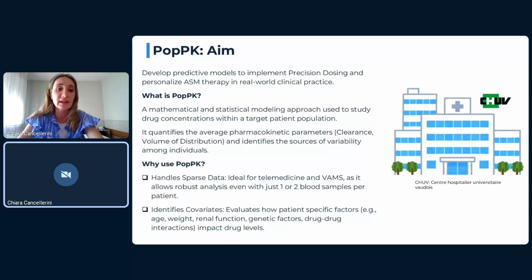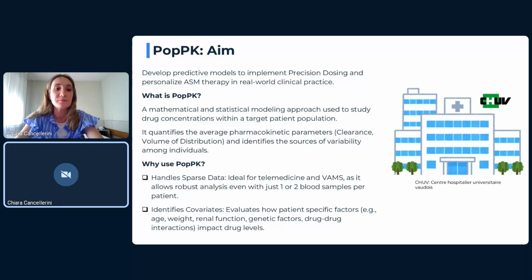So POP-PK can help us design a model with sparse data and build a predictive model using just 1 or 2 VAMS samples per patient. Using POP-PK, we can identify how specific covariates like patient's age, weight, or concomitant therapy can affect clearance and distribution volume.